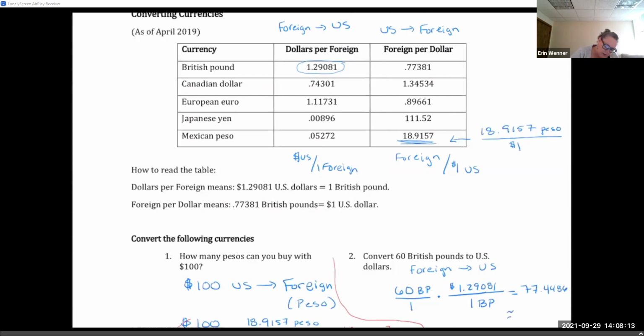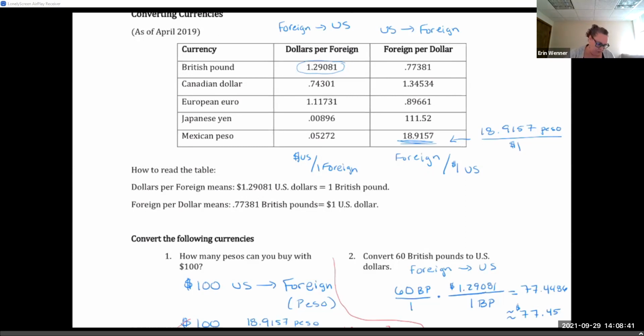The currency counter is only going to give you to the nearest penny because that's how accurate our money is. So they'll give you 77.45. I'm assuming maybe they might round down. I'm not sure. I haven't had to convert currency in a really long time. But for our purposes, we'll round up. We'll give some money away, right? Why not?